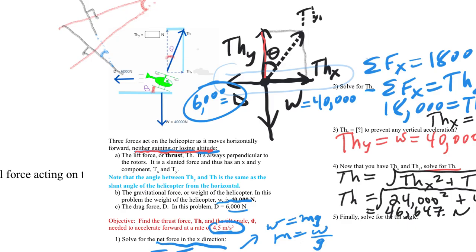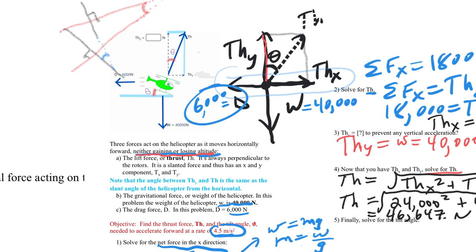Okay, so when I'm going to solve for the tilt angle, really I'm going to have to switch around my trig equations on my equation sheet. So that's no big deal, I hope, for you.